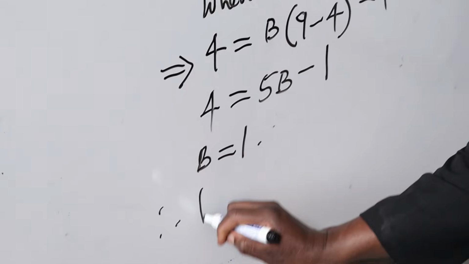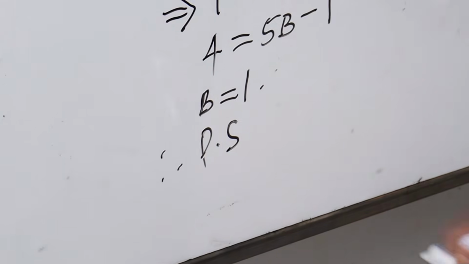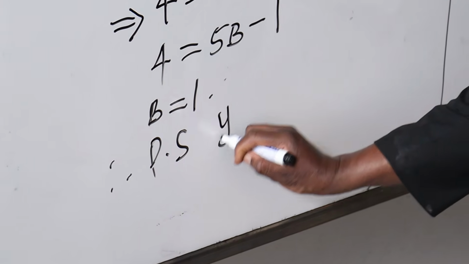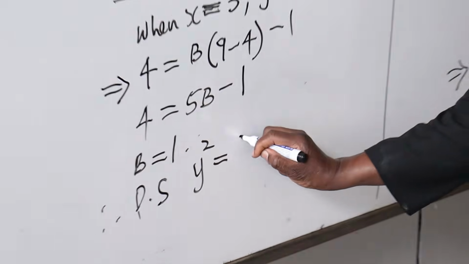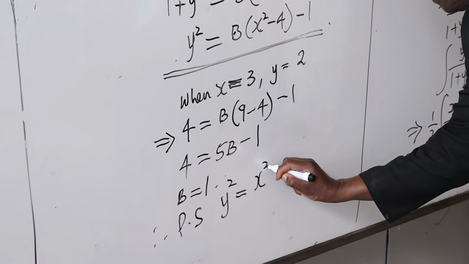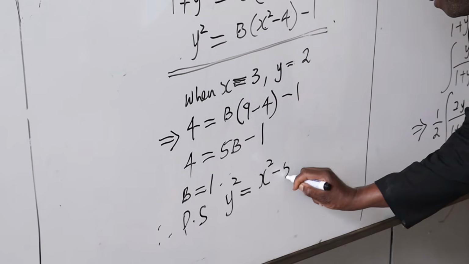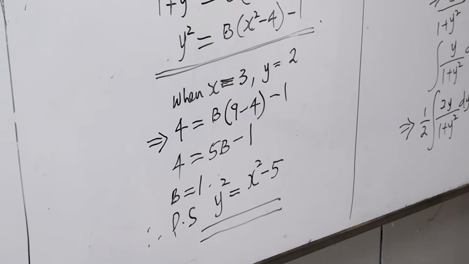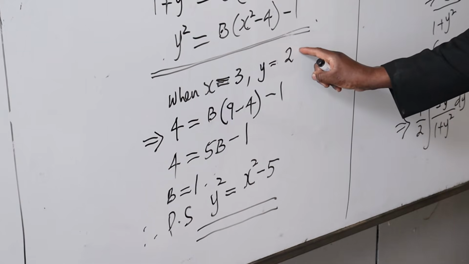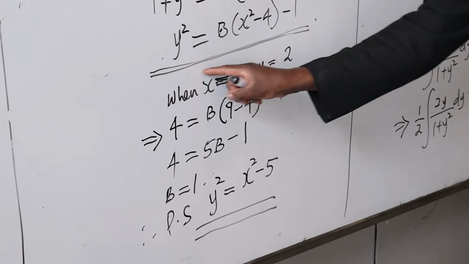Therefore, the particular solution now will read y squared is equal to x squared minus 5. And that is the solution to the said differential equation when these are the boundary conditions that exist.